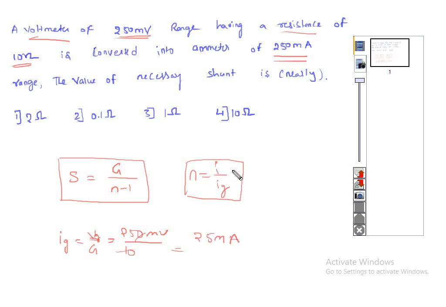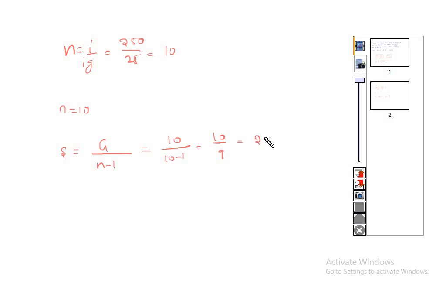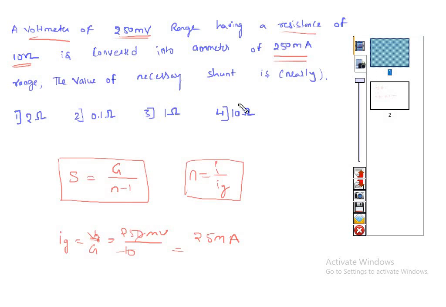I is 250 milliamperes, so we can find n. n is I by Ig, which is 250 by 25, equal to 10. So S is equal to G by n minus 1, which is 10 by 10 minus 1, equal to 10 by 9.